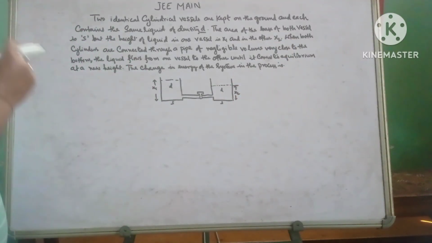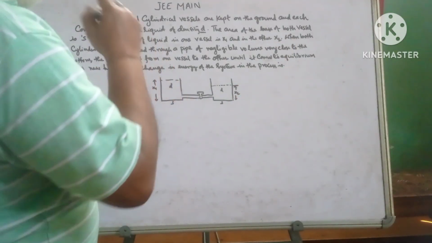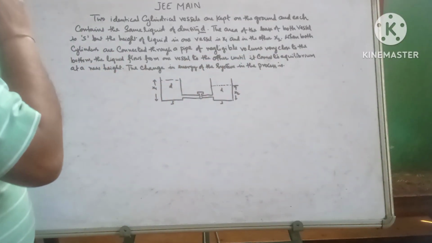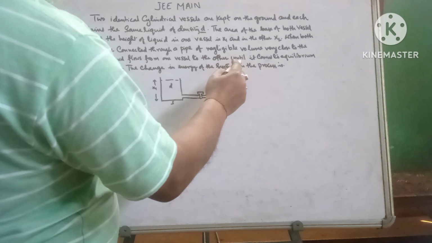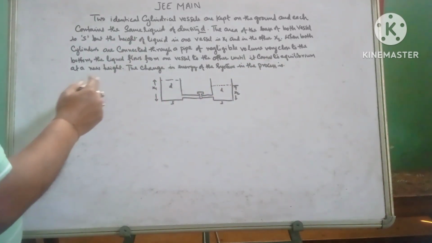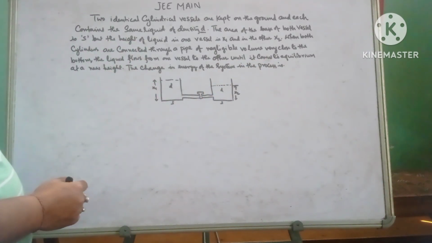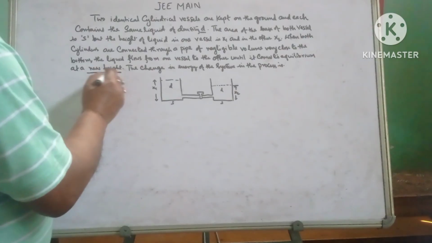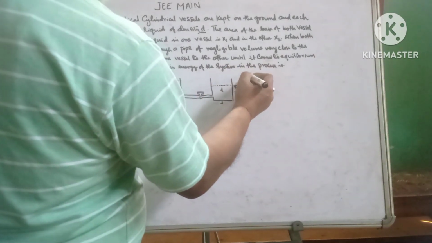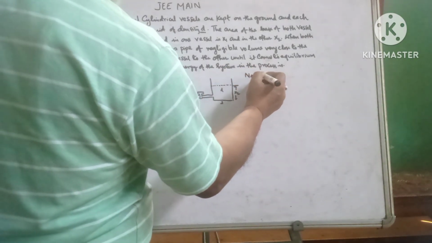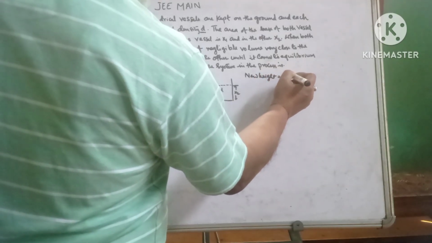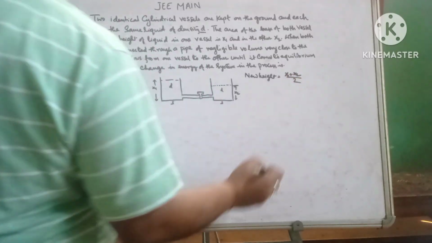When both cylinders are connected through a pipe of negligible volume very close to the bottom, the liquid flows from one vessel to the other until it comes to equilibrium at a new height. The change in energy of the system in the process? New height, that means the average height, will be (x1 + x2)/2.